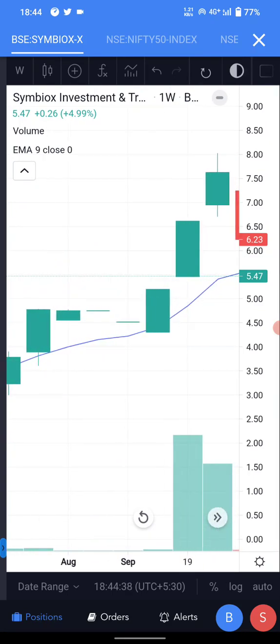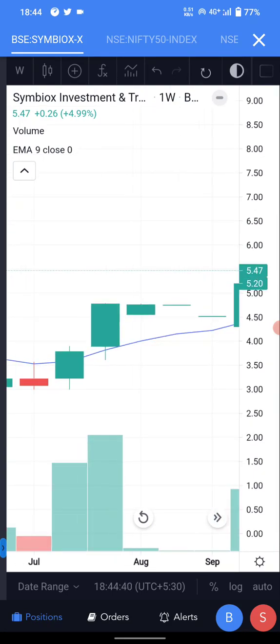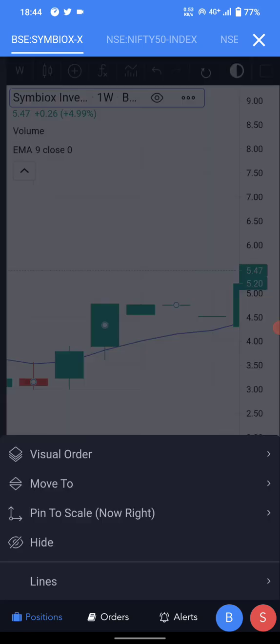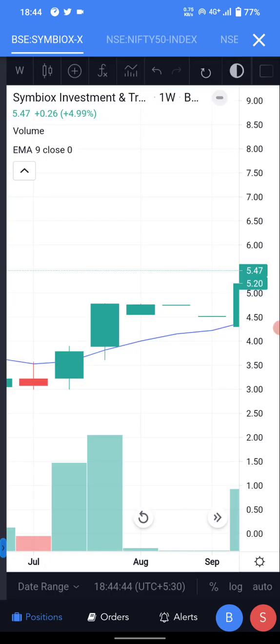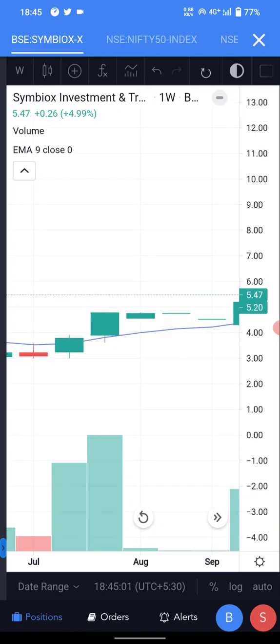The candle which is after the red candle has very few buyers, not a large amount, and it is not showing a big volume candle.